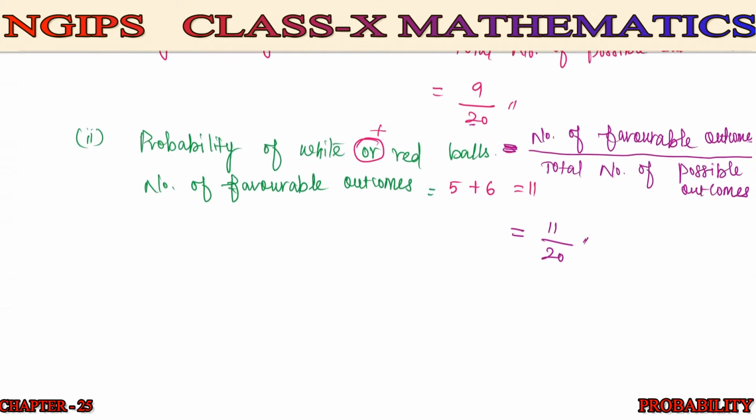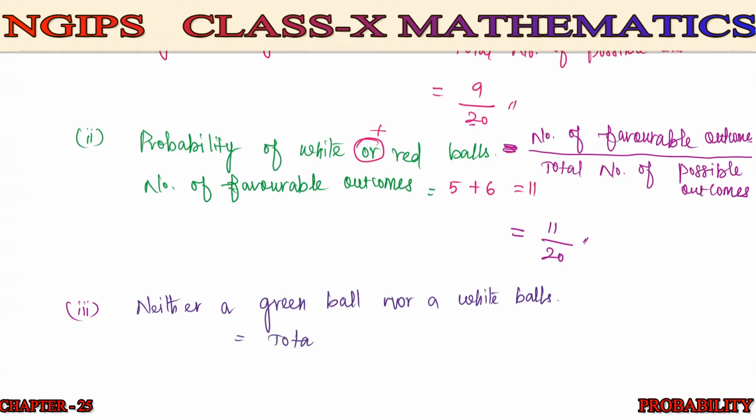The third sub question, we have to write the probability of neither a green ball nor a white ball. In this we have to remove from the total: from the total balls you have to subtract the green balls and also subtract the white balls.